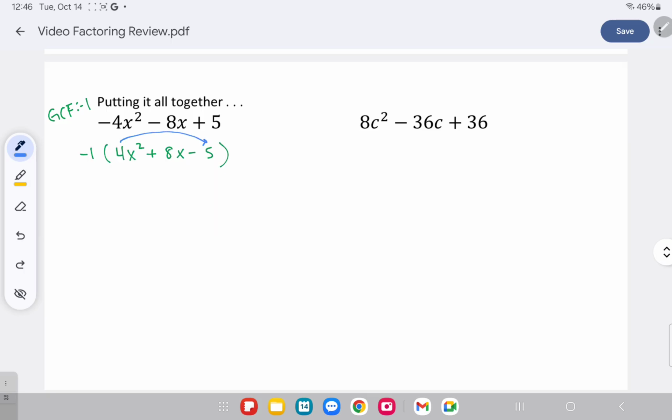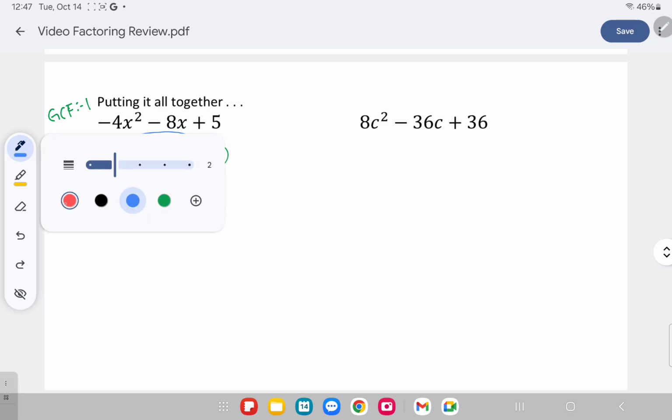We're going to take 4 times 5 to get -20 back there. So we're looking for two numbers that multiply to -20 and add to 8. We know that one's positive and one's negative, and it would be positive 10, -2.